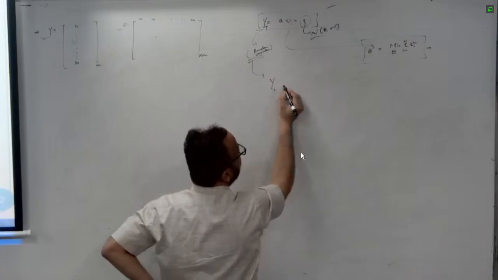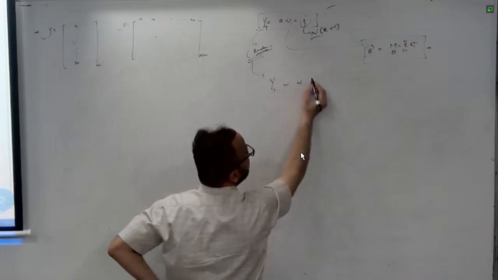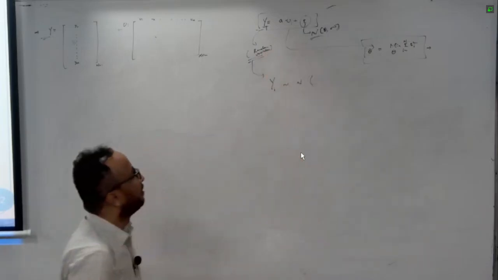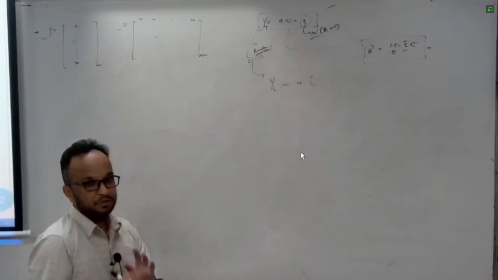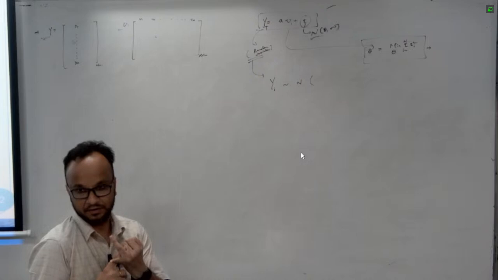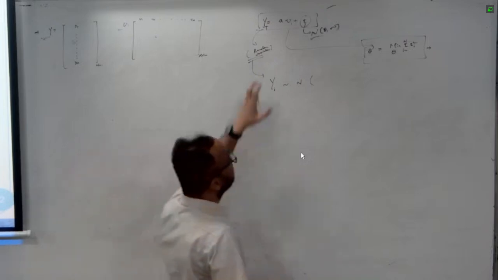So yi follows a Gaussian distribution. What is the mean of this one? A Gaussian distribution has two moments, we call them moments, the mean and the variance. So what is the mean of this one?